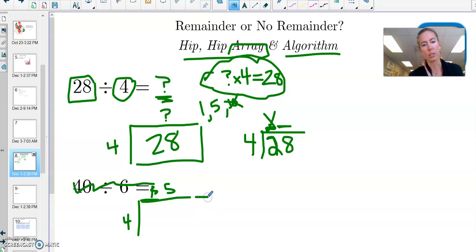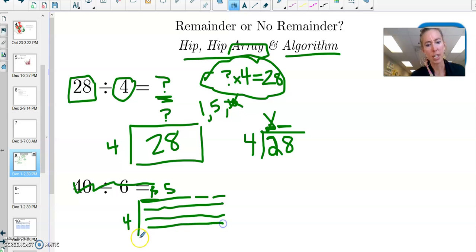So I go, okay, how about 6? 6 times 4. That'll be close, and I'm at 24. How about 7 times 4? If I have a row of 7 right here, a row of 7 here, a row of 7 here, and a row of 7 here, will that give me 28?